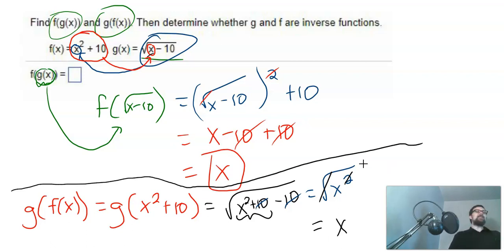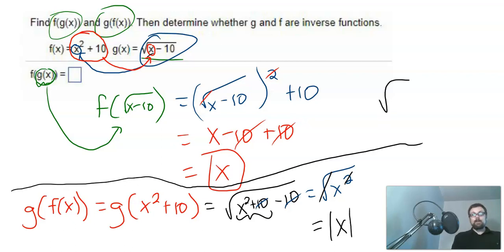I talk about it in all my classes at some point. I want to say I talked about it in one of my college algebra videos, when I talked about quadratic equations. But the square root of x squared doesn't just equal x. It equals the absolute value of x.